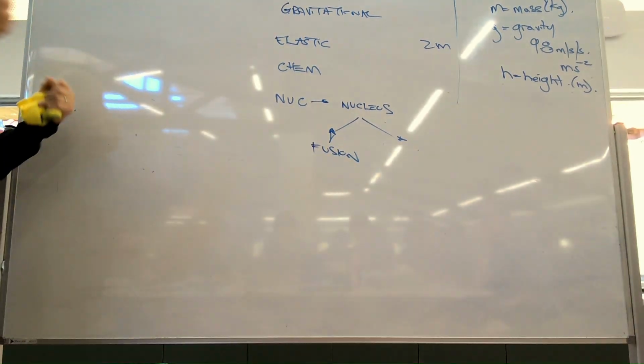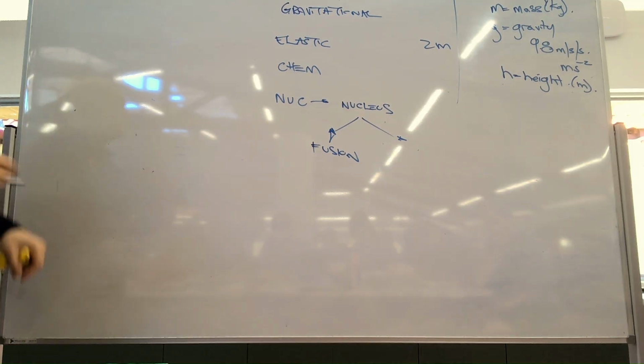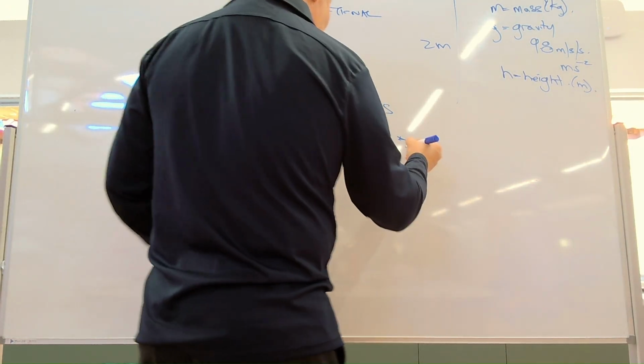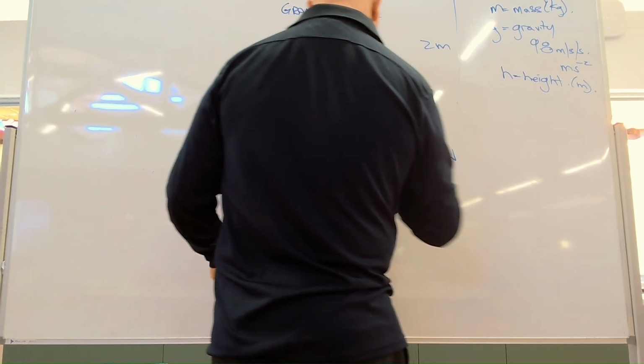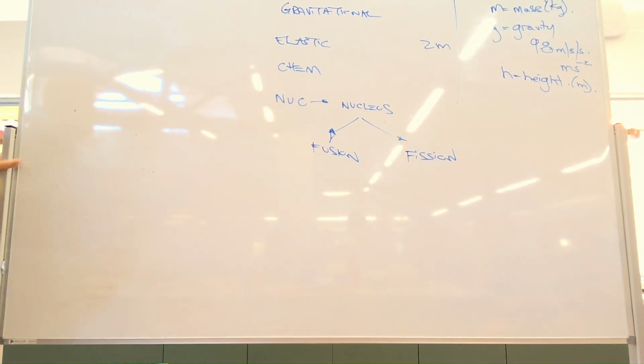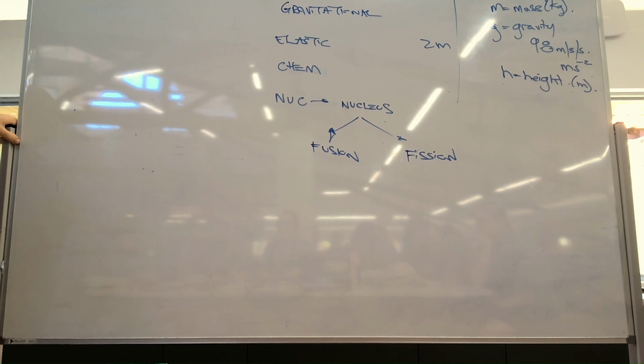Fusion, which means to push things together, will explode and release energy. And if you tear it apart, it will also explode and release energy. So anytime you mess with the nucleus of an atom, you're going to cause an explosion. You will get burnt or vaporized.